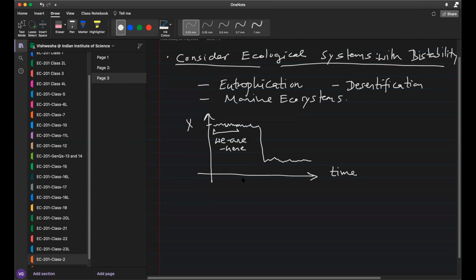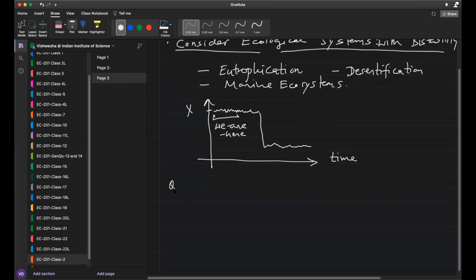So what is the question you would like to address? When will the system change, if it changes? When will the state change?